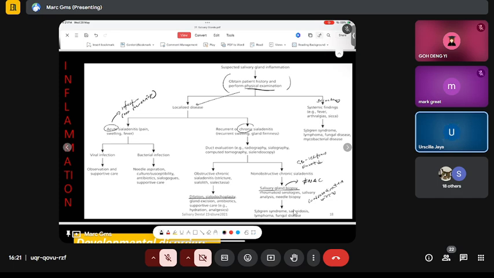Then there's the systemic cause, as stated there. For systemic causes, you have to rule out other things, such as autoimmune causes. You do viral screening and autoimmune screening, and then you refer, and so on and so forth. Next.